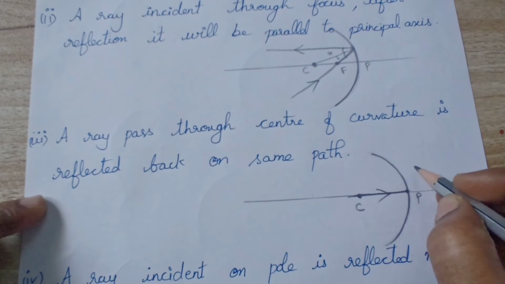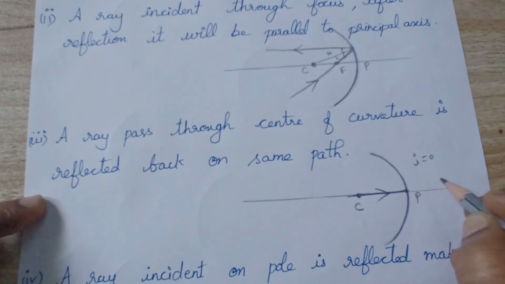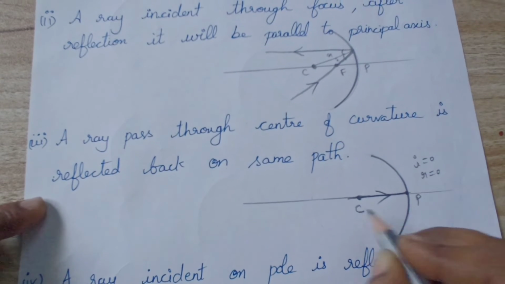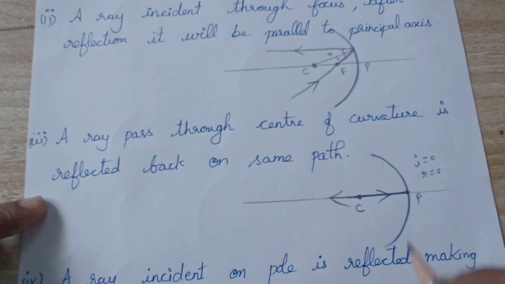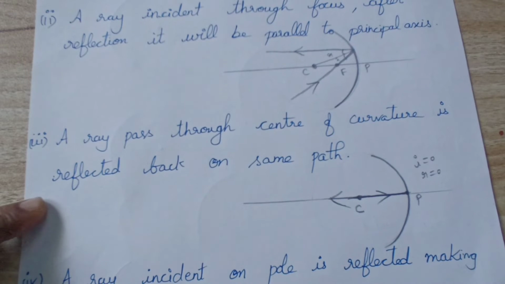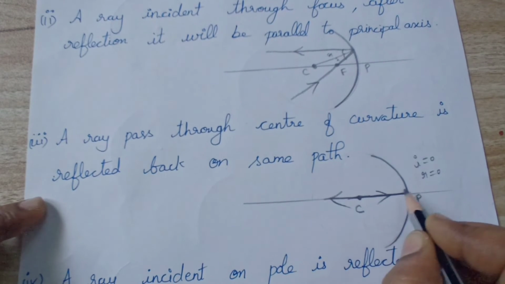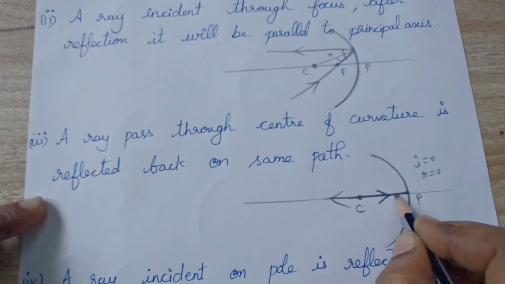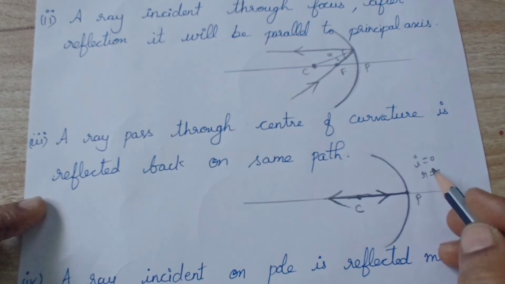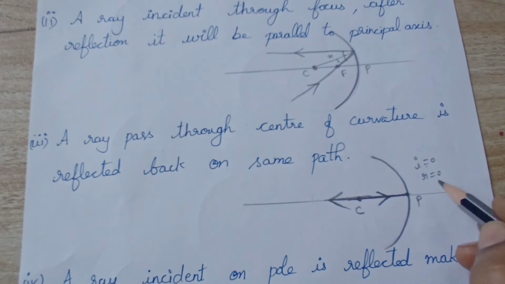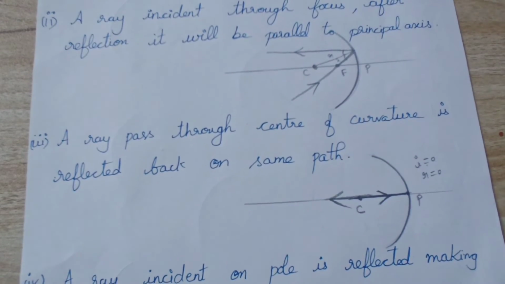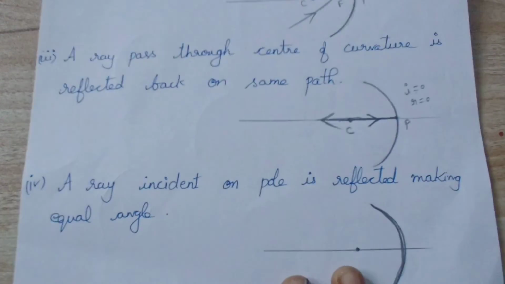So your angle of incidence i is equal to 0, so r will also be equal to 0. So it will be reflected back on the same line. Clear? So when a ray passes through the center of curvature, it will be reflected back on the same path because i is equal to 0. Therefore r will also be equal to 0. Okay, next.